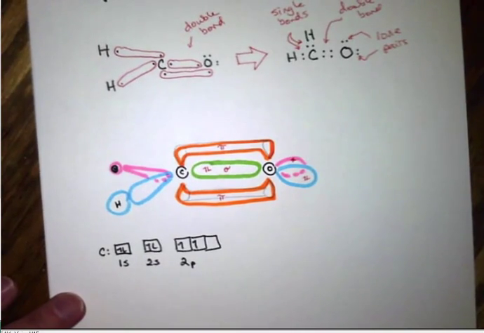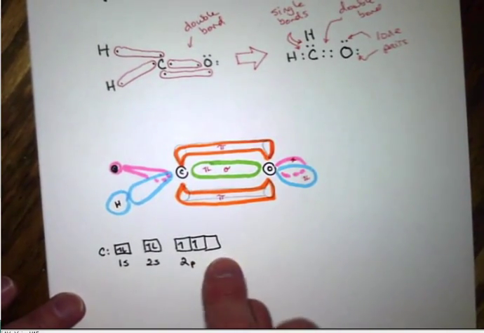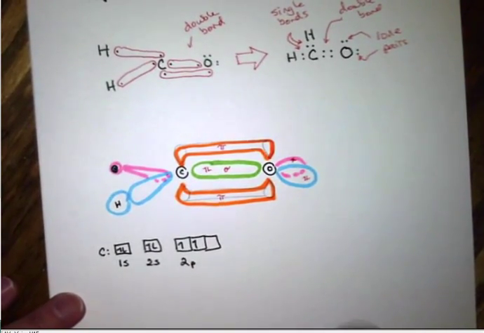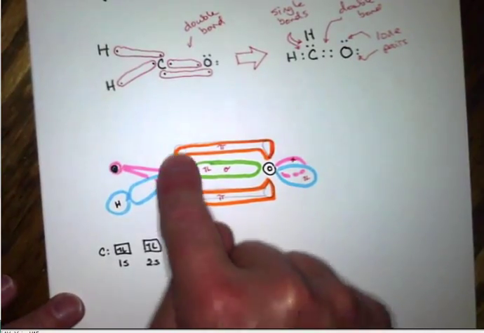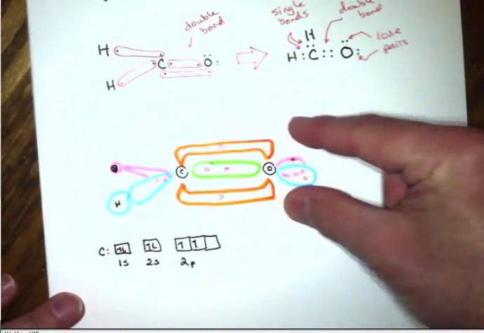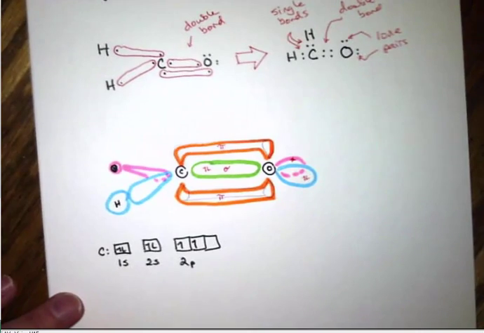And that's how we're able to bond four times for carbon. All right, now we're not going to hybridize all four. We're going to leave one of these orbitals unhybridized so that we can keep this p orbital to form this pi bond. Does that make sense? So here's how we're going to imagine that happening.